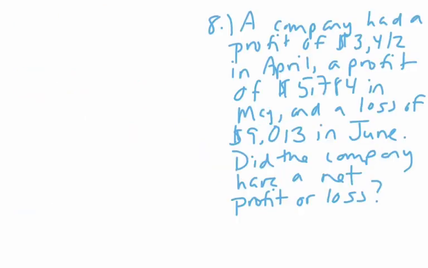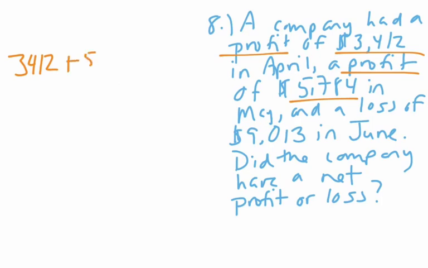The word problem, we had a company had a profit. So remember that profit is positive. So the 3,412 is positive in April. The profit in May was 5,784. And so that was also positive. But in June, they have a loss.